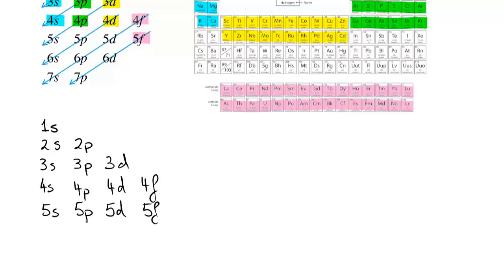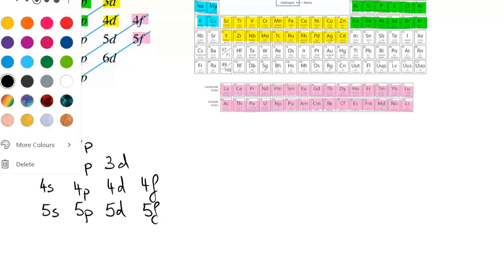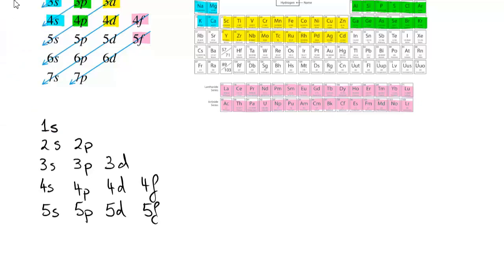Now, the other thing you might be wondering is, okay, what are those diagonal lines? Those diagonal lines are very important because they tell you the energetic order in which the electrons are being filled in the electron shells.